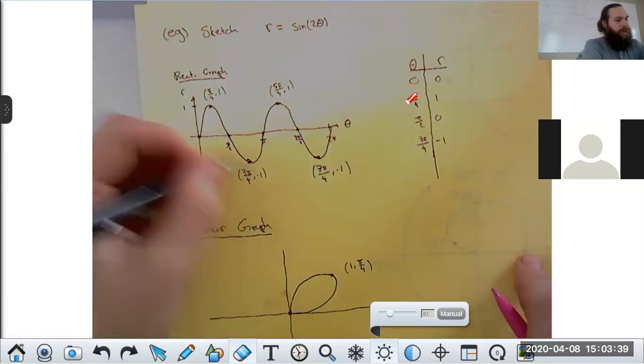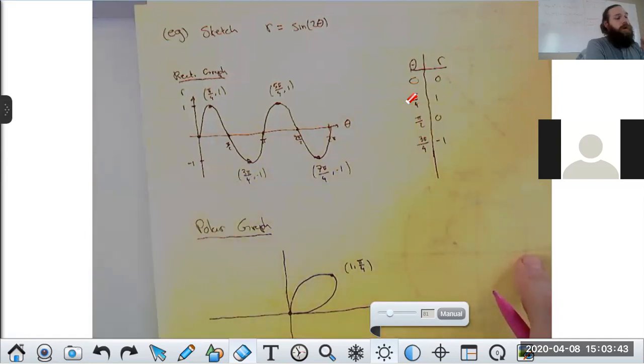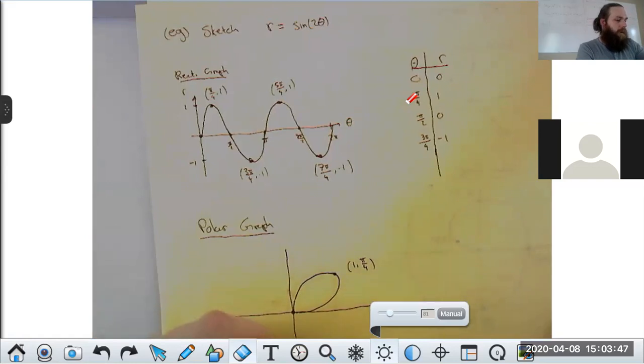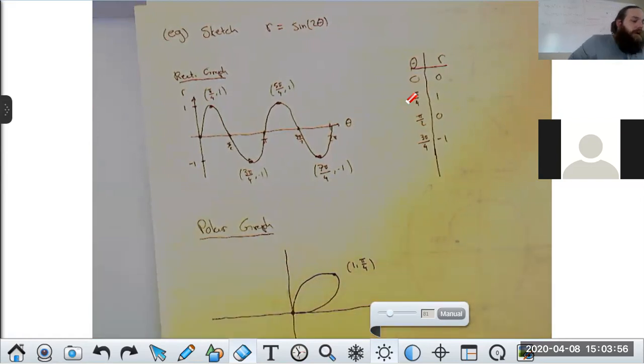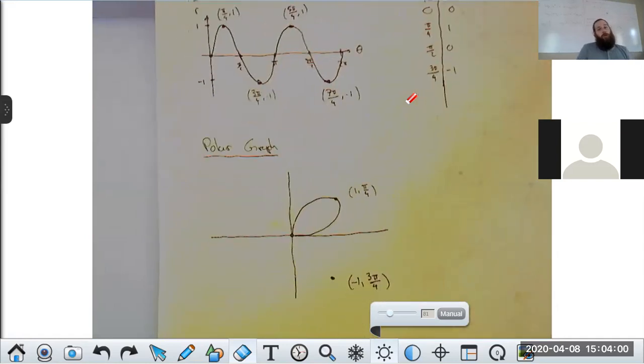Well, r is going to come out to this max of negative 1 at 3 pi over 4. So the 3 pi over 4 ray is this one, and the polar point negative 1 comma 3 pi over 4 sits right here. So definitely it's necessary to practice plotting points in polar coordinates and to get very comfortable with the notation of polar coordinates before you can do this.